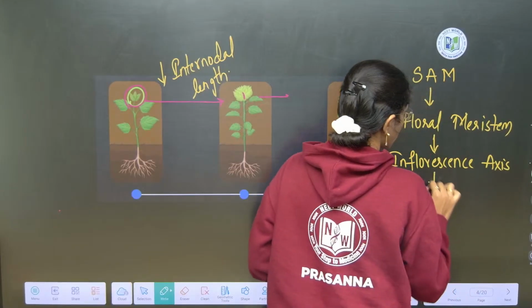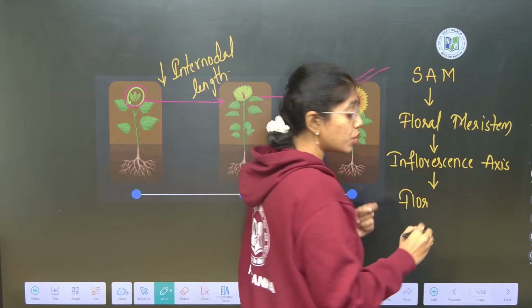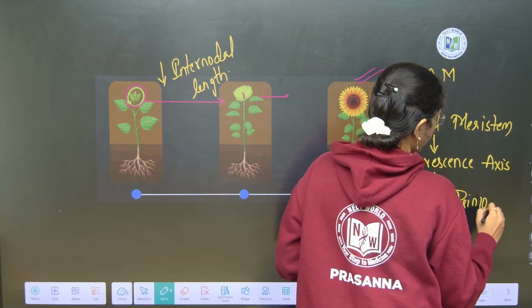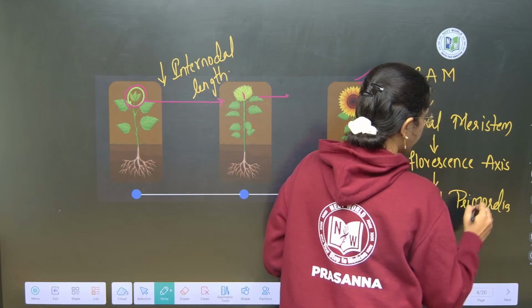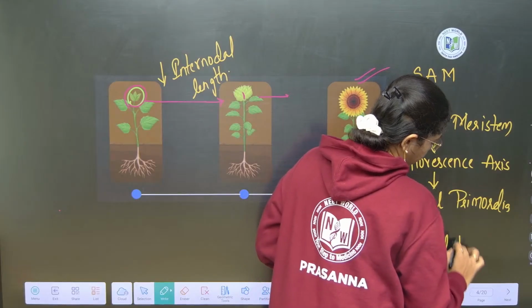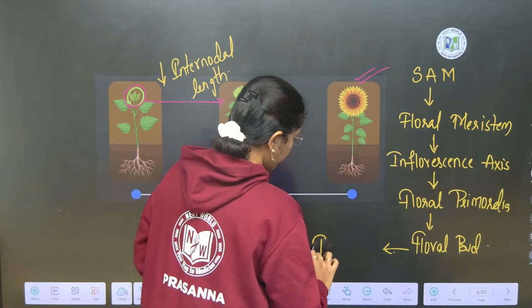Inflorescence axis will first form floral primordia. Floral primordia will later develop into a floral bud. Floral bud turns to a complete flower.